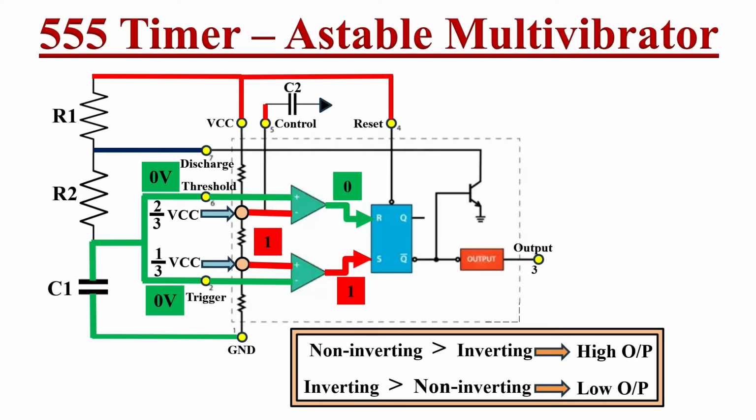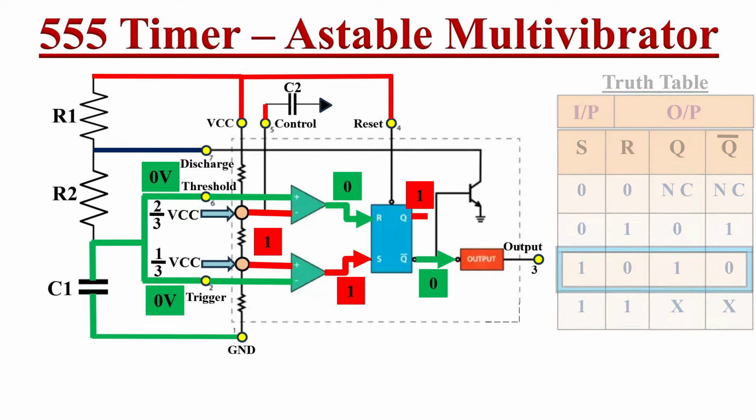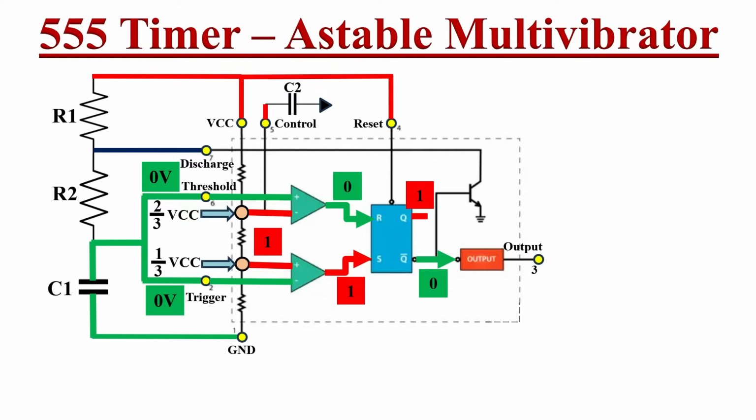If we observe over here, the next is RS flip-flop. Here R input becomes logic low level and S input becomes logic high level. So according to RS flip-flop truth table, the Q output becomes logic high and Q bar output becomes logic low. As we know that the output stage is an inverter stage, because of that the output of the 555 timer will become logic high level.